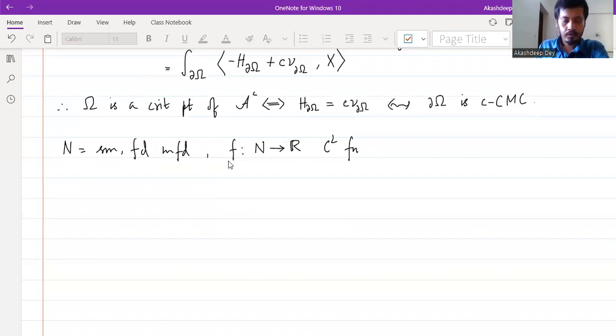Then the most straightforward way to produce the critical points of f is perhaps minimization. But using minimization, we can only capture the stable critical points of f. To capture the unstable critical points of f, we need min-max.